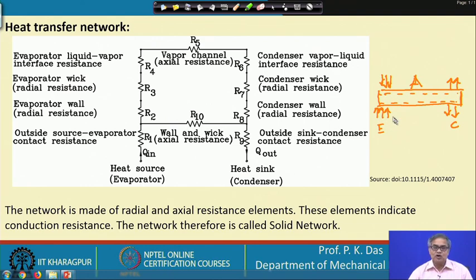So, this resistance is shown here, and then this side we have got the heat sink, that is your condenser side. Here heat is being rejected, Q out. So, this is your Q in and this is your Q out.